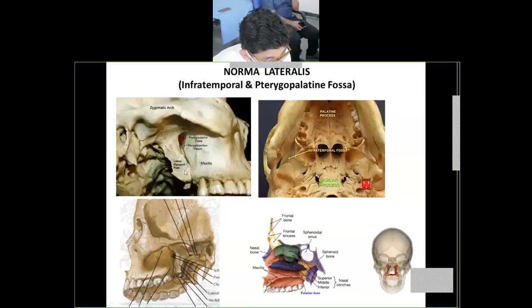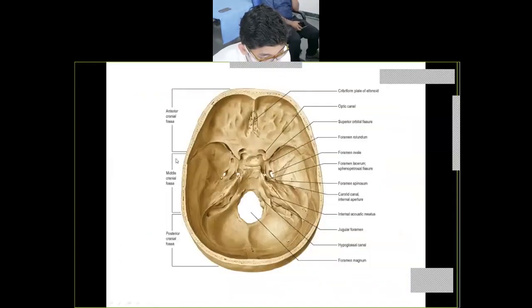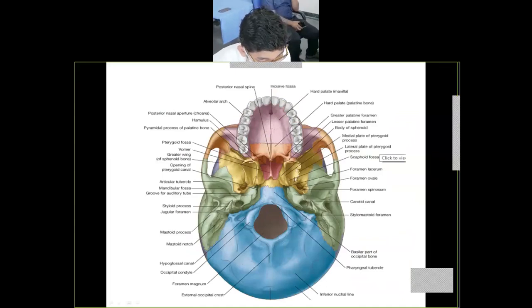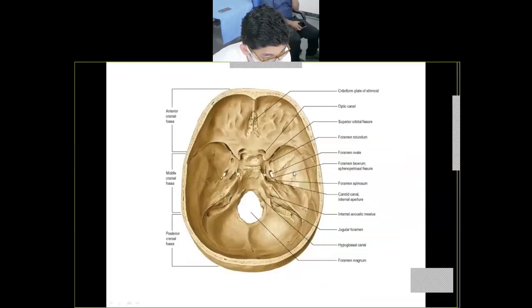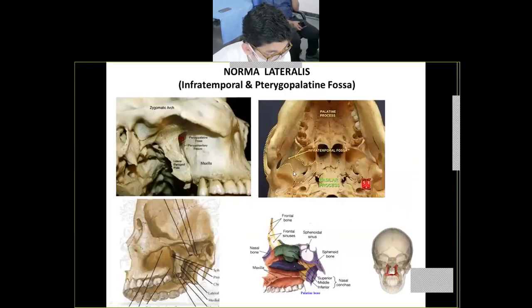This is the pterygoid plate: two extensions on either side. The one lying laterally is the lateral pterygoid plate. This is the medial pterygoid plate, and in between there is a gap known as the pterygoid fossa.